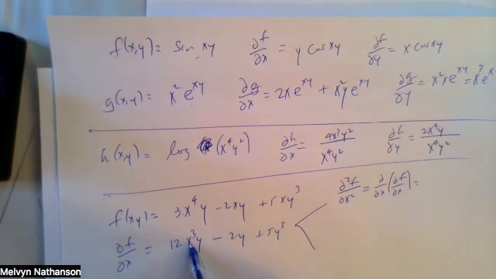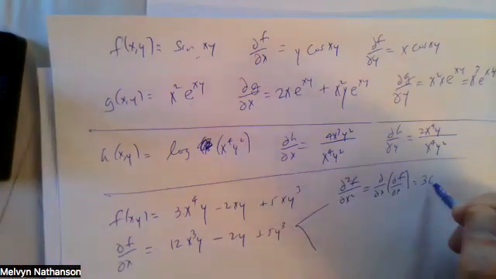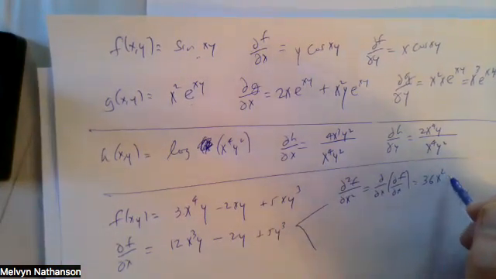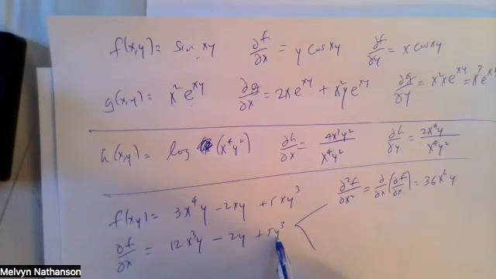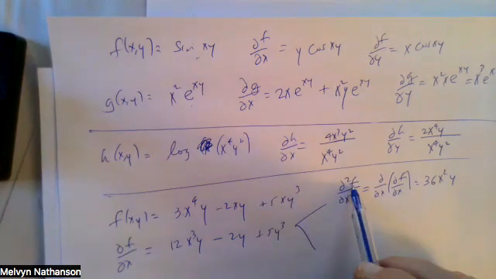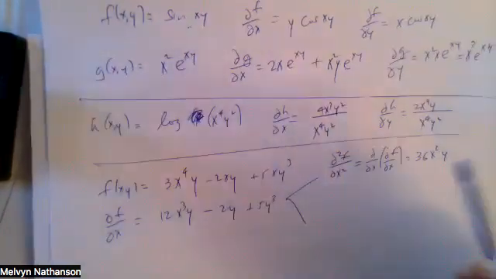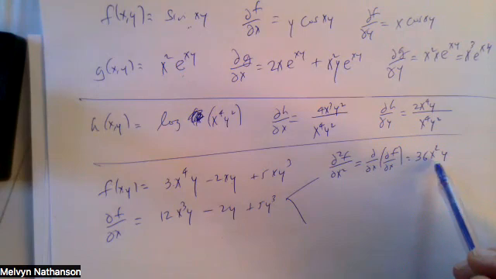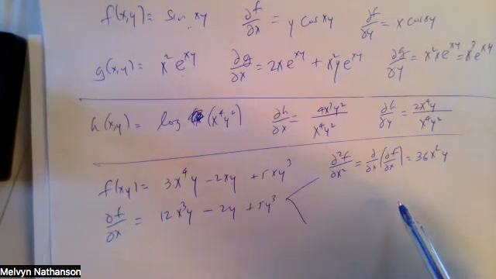Derivative of x cubed is 3x squared. So I get 12 times 3, which is 36x squared y. And each of these is a constant with respect to x, so the derivative with respect to x of these is 0. So the second partial derivative of f with respect to x is 36x squared y.